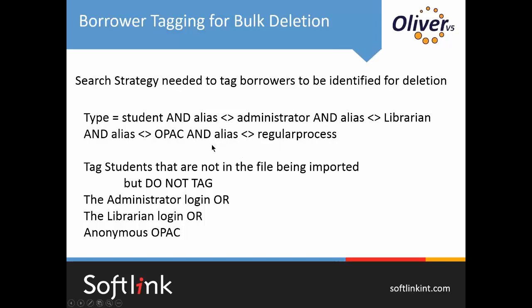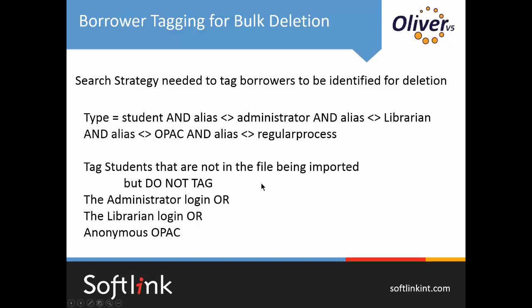So it's the alias not equal to, and then these values. So with this strategy, we're tagging students that are not in the file being imported, but we don't want to tag our administrator login, our librarian login, or our anonymous OPAC login or borrower.